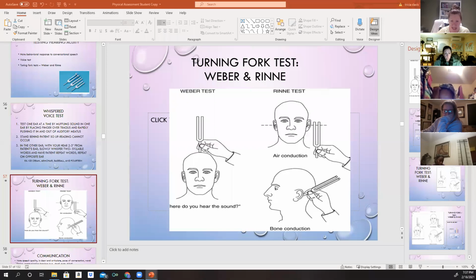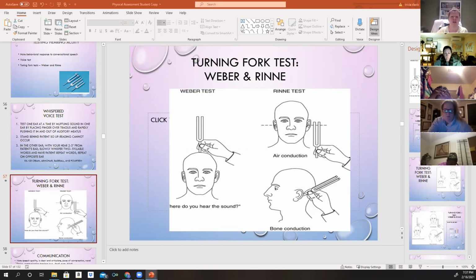Before you perform the test, you're going to make the patient cover the opposite ear with their hand. Then you perform the vibration of the tuning fork and place the vibrating fork onto the patient's mastoid bone to initiate that process of testing the ear. You ask the patient to report when the sound can no longer be heard from the ear you're testing.